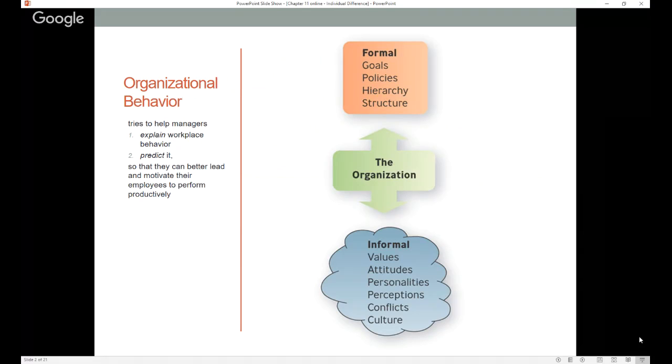And what it does is it tries to explain workplace behavior. Why is this particular worker so passionate about their work, but the other worker doing the same exact work is not? Or why did this person stop behaving the way they used to?